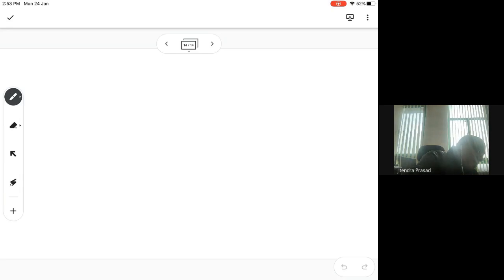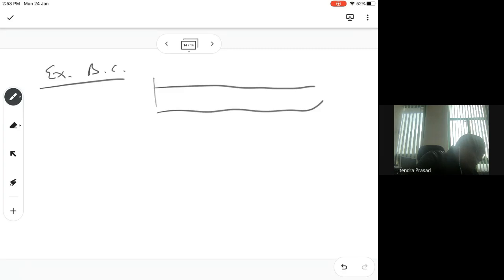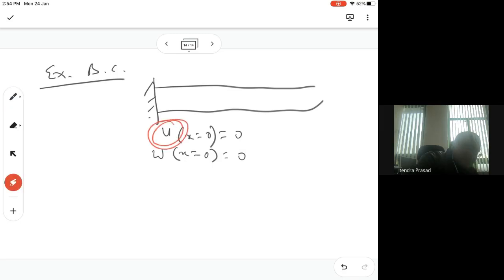Look at our example boundary condition: U at x equal to 0 equal to 0. So automatically W at x equal to 0 equal to 0, because U is defined here.